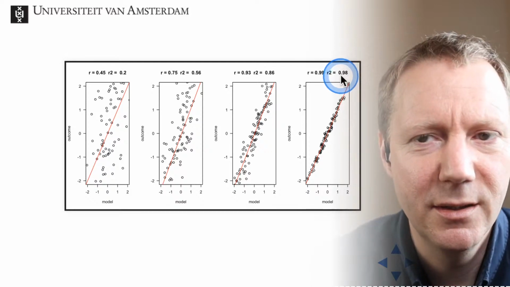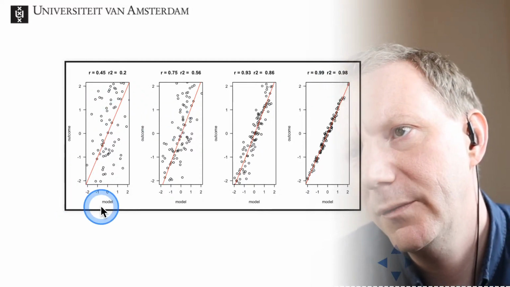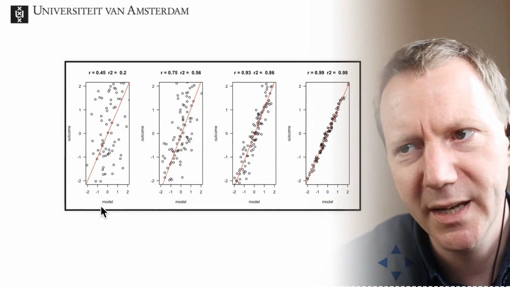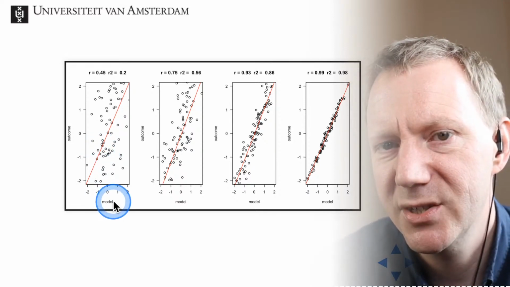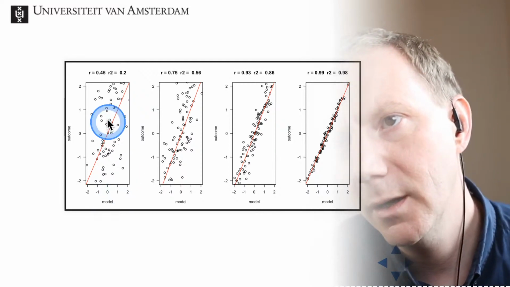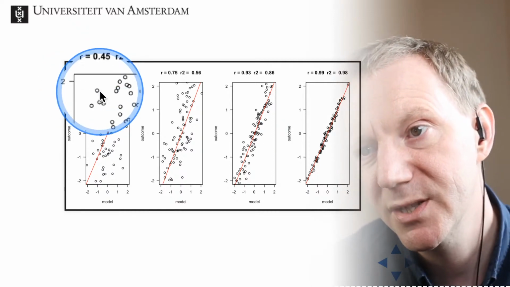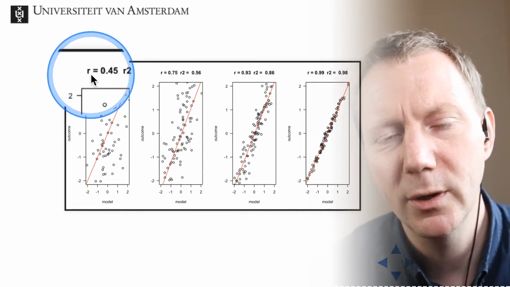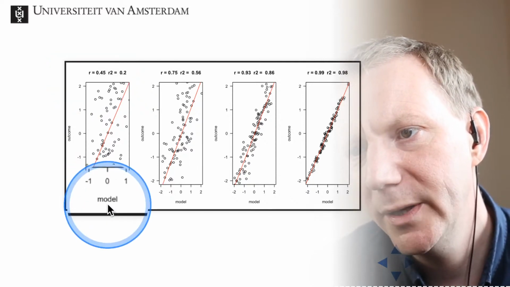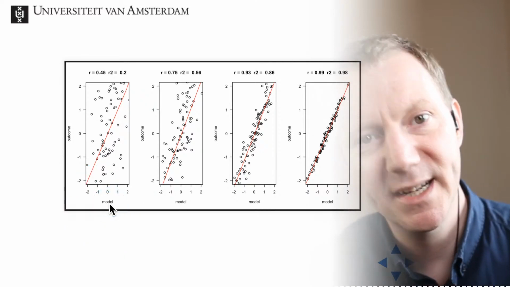But this is never really the case. You always find a certain amount of error. So what I've done here is try to visualize the relation between model expectations and outcome as a relation between two variables. In a sense, this is just a scatter plot, also showing what correlation is related to this. It is the same correlation that we talked about in the first part of this lecture, but now we use the model expectations on one axis.